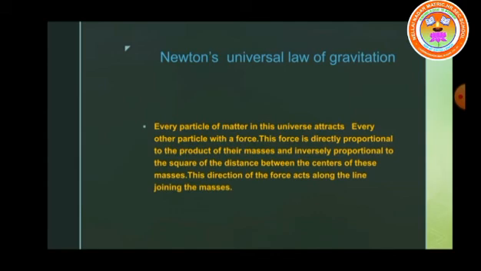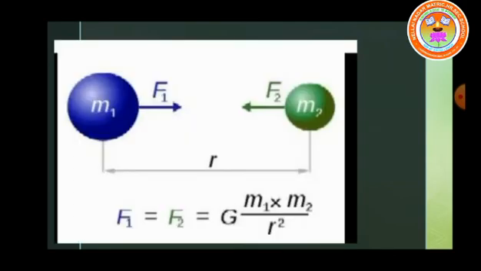The direction of the force acts along the line joining the masses. The force between the masses is always attractive and does not depend on the medium where they are placed.